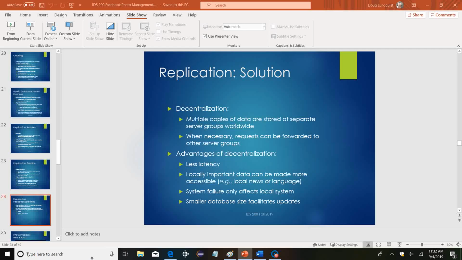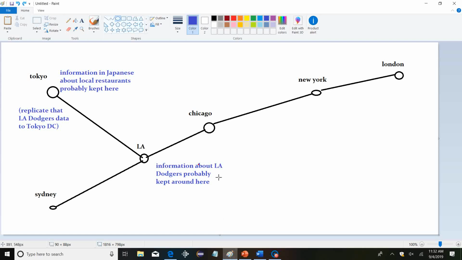So, in this example, suppose you're Taylor Swift. You probably have a worldwide following. Say she does a concert in Chicago. She posts an image. First it goes to Chicago, but Facebook knows this is going to get some worldwide interest. Boom, it gets replicated to all the data centers. But suppose you're just some small-scale local band. You might be popular in the Chicago area, but basically unknown in other places.